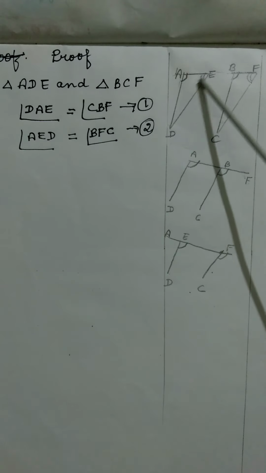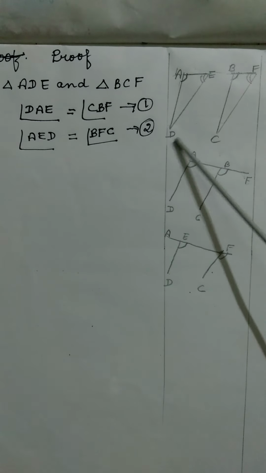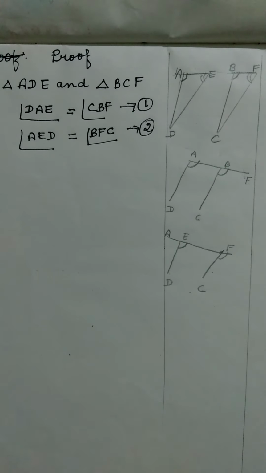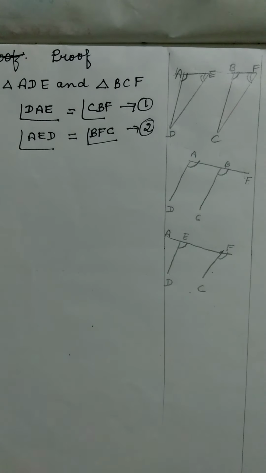Now, look into these triangles. When these two angles are equal, then the remaining angle, that is at angle D and angle C, will also be equal. The reason is, when you add all the three angles, the sum of all the three angles of a triangle will be equal to 180 degrees.